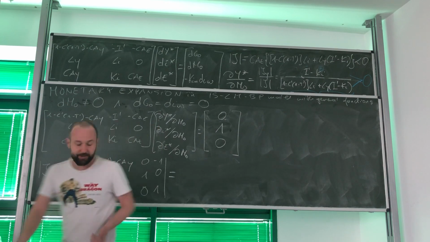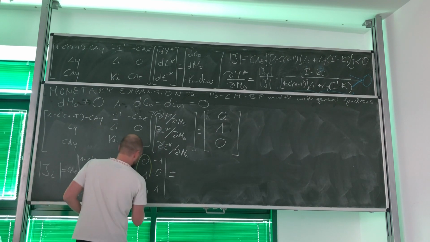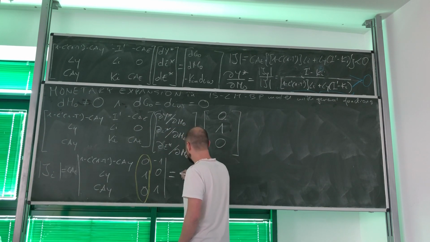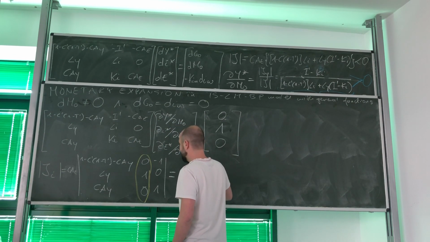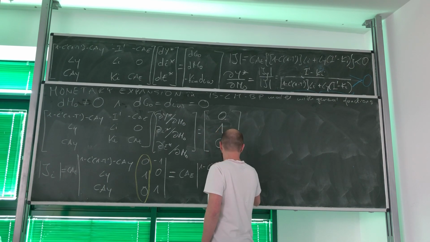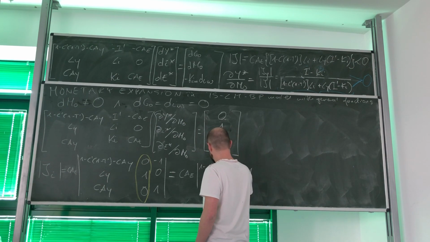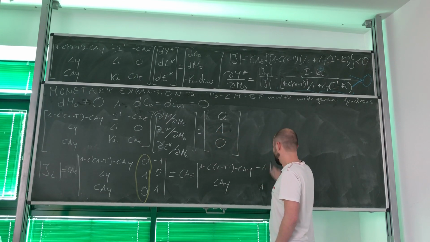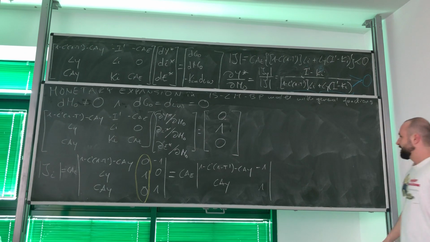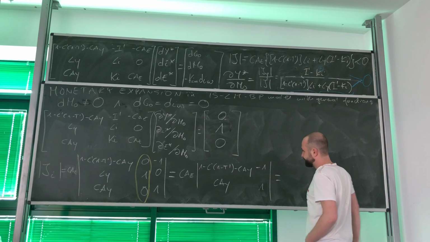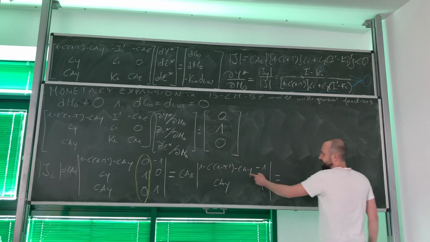Okay, again, we are using Laplace expansion. Definitely a good idea over here. So we get that this is CAE, 1 minus C prime, 1 minus T prime, minus CAY, CAY minus 1, 1. And look, what do we get out of it? We're going to get the same expression.